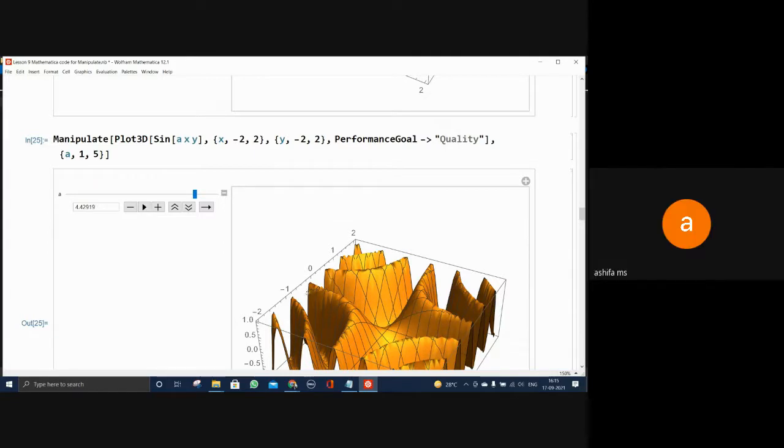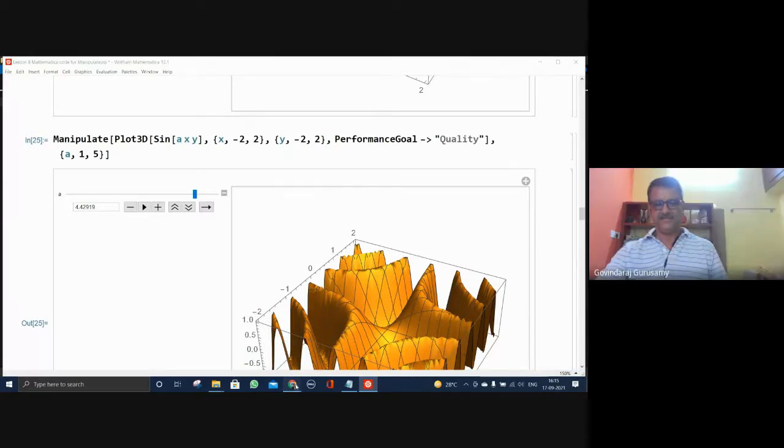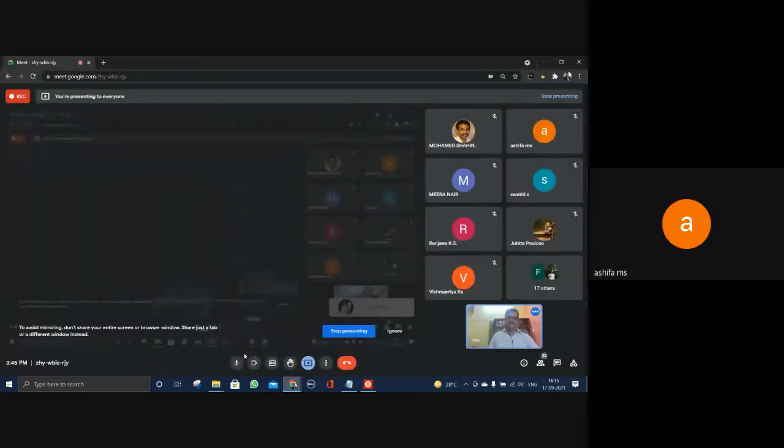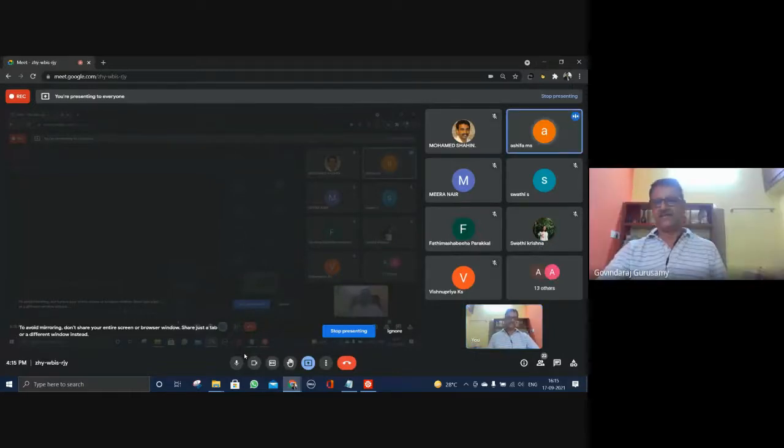Yes, after practicing this, we will ask questions, sir, after going through them. Okay, that's fine. Go through them and spend some time and use your own functions which you like, or some of the functions available in physics. Plot them. Then if you have difficulties or questions, you can ask.